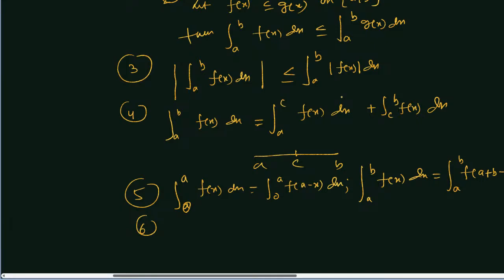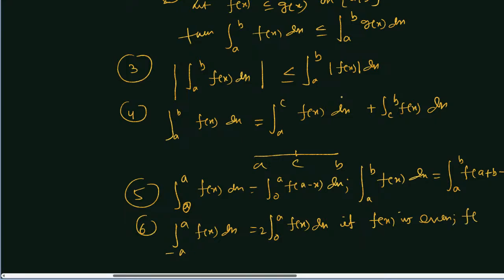Now properties on even function and odd function. Integral minus a to a f(x) dx will be 2 into integral 0 to a f(x) dx if f(x) is even. Even means what? f(minus x) equal to f(x).